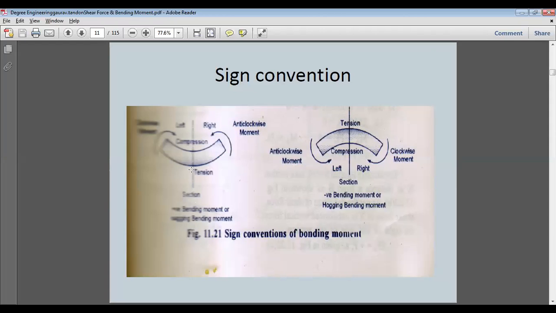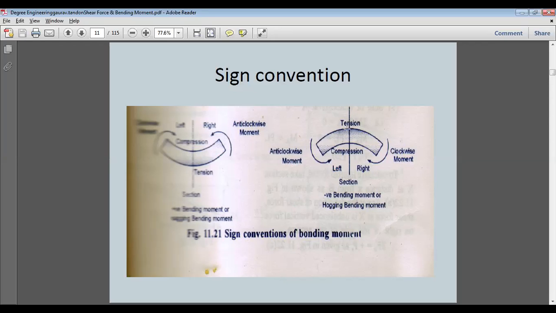Or the convex face is beneath and facing the earth, it is known as sagging. In this way we have two faces: the top face is under compression, whereas the lower face is under tension. This position is called sagging and the bending moment is positive.